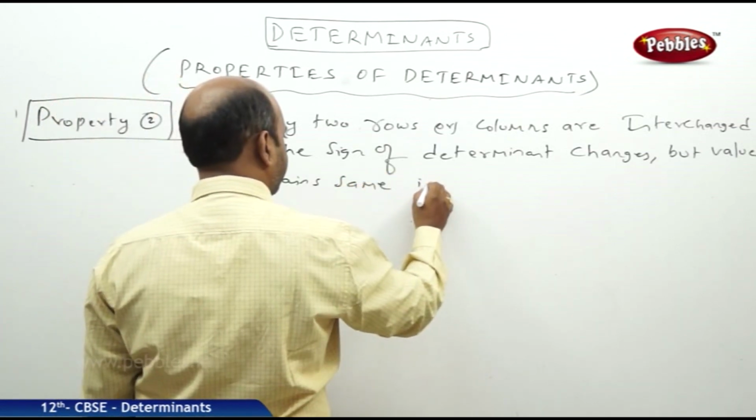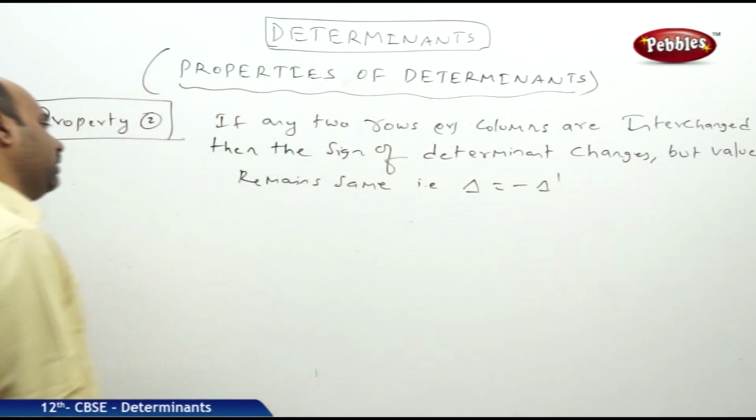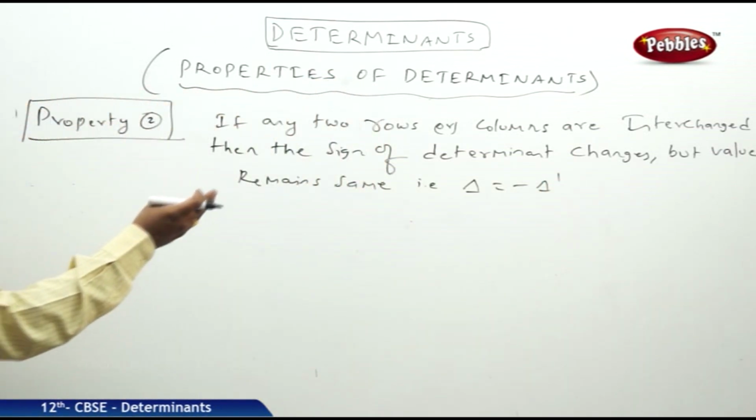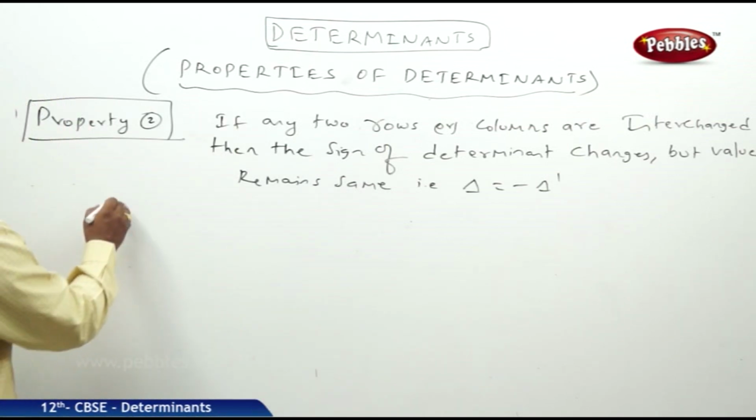That is, symbolically I can tell delta is equal to minus delta dash. Delta dash is the new determinant obtained when two rows or columns are interchanged.